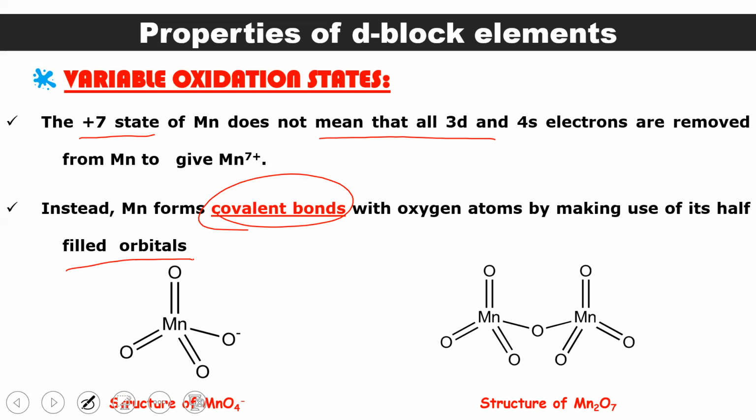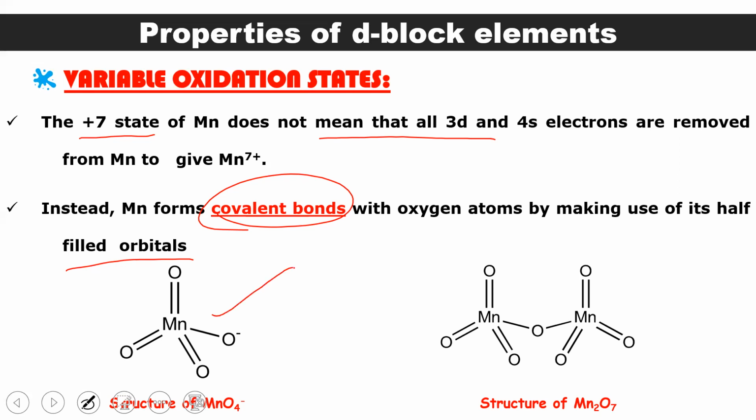So remember this one. Manganese will show the +7 oxidation state, which does not mean that all the 3d and 4s electrons are removed. Instead, manganese forms covalent bonds with oxygen using its vacant orbitals.